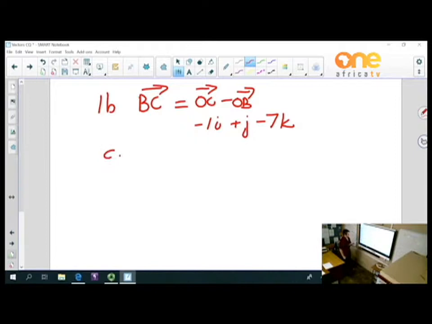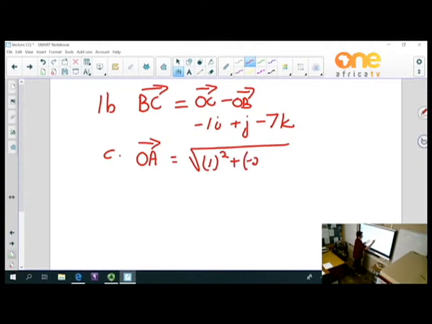Number c says, find the unit vector of OA. Now, for the unit vector there are 2 steps. You have to get the magnitude of this vector, and then we multiply it with the reciprocal. So to get the magnitude, we work with Pythagoras. So it will be 1 squared plus negative 2 squared plus negative 2 squared, and that gives me 3.